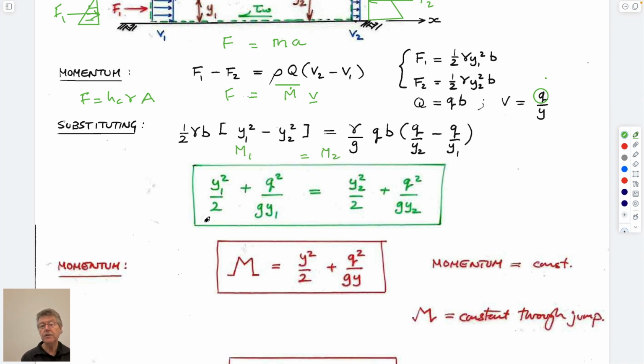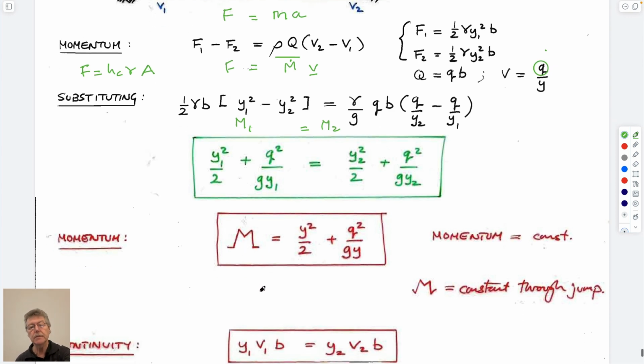And so this is a measure of the momentum that the fluid has as it goes through the system. And so instead of energy, we define the momentum in the system.